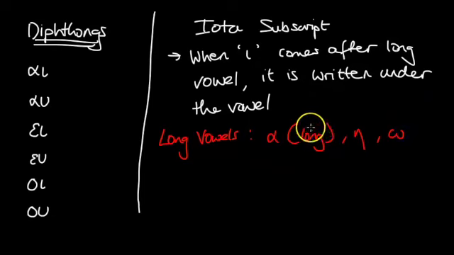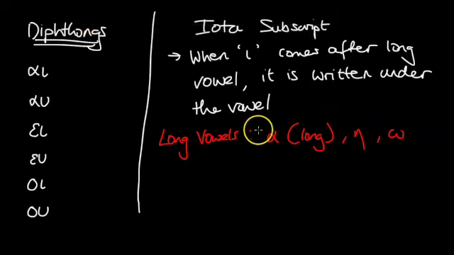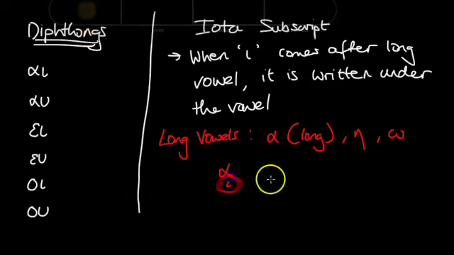If iota comes after any of these vowels, it will be written underneath that vowel. So, for example, here you see that is the iota subscript. Let me just highlight that. Yeah, so that there is the iota subscript.